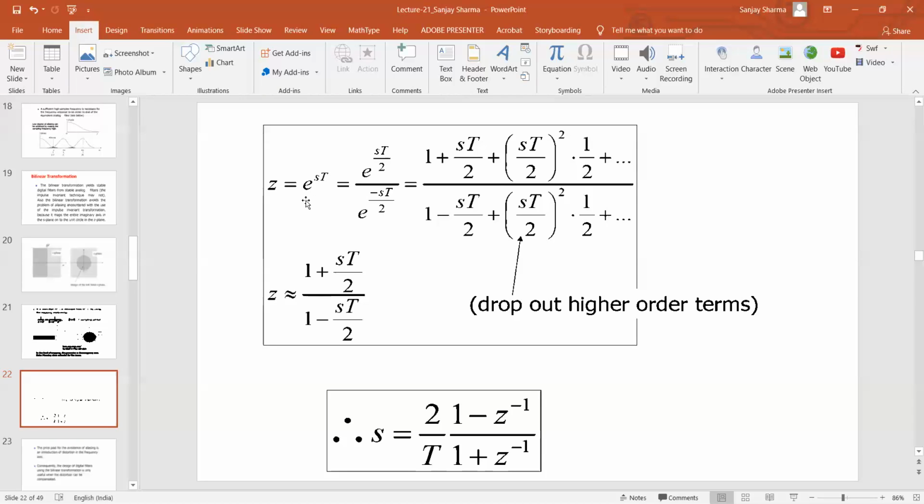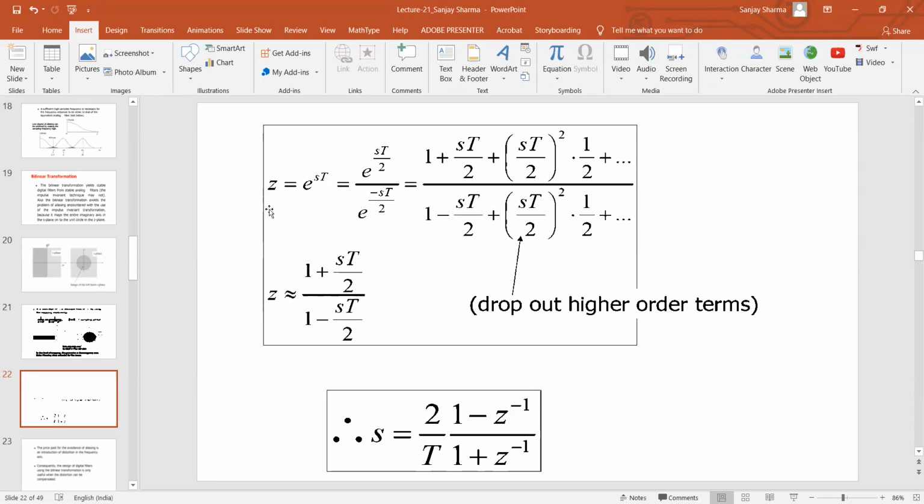This is how they are related. So z is equal to e to the power s capital T.